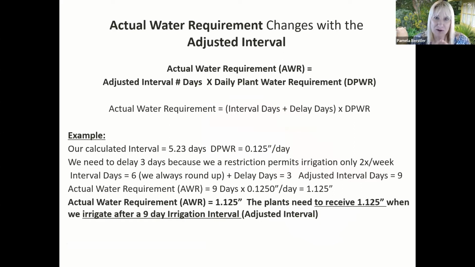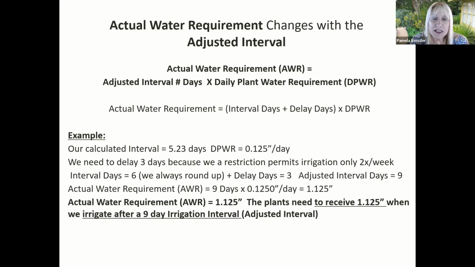After you have determined the irrigation interval, and remember, you've rounded up when you did that, there's a little thing that has happened because you no longer have only depleted the allowable depletion from the soil, right?